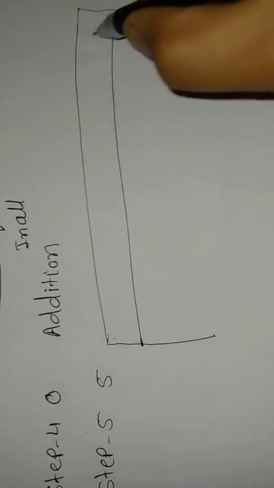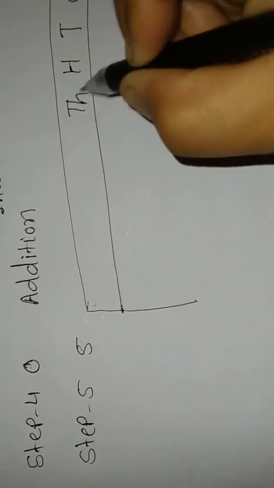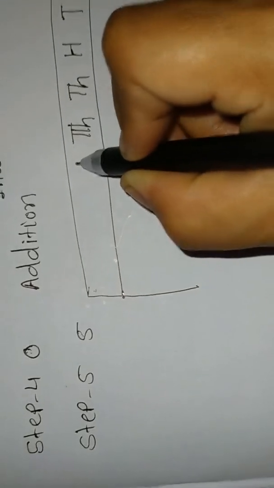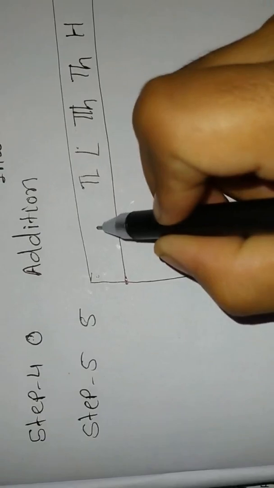We have to write here ones, tens, 100s, 1,000s, 10,000s, lakhs, 10 lakhs, crores.